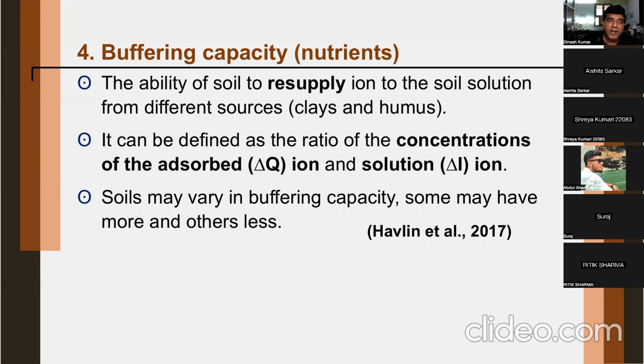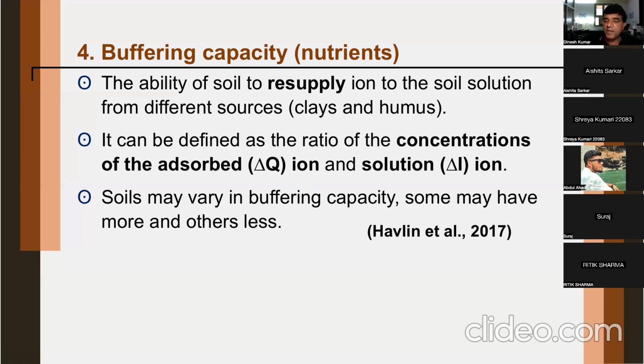You can define it as the ratio of the concentration of the adsorbed ion and the solution ion. Buffering capacity can be for an individual nutrient also. So what is the proportion or ratio of these two, quantity and intensity?